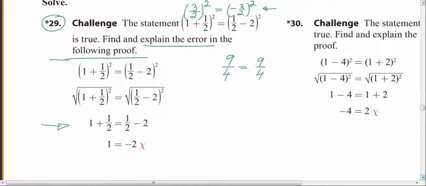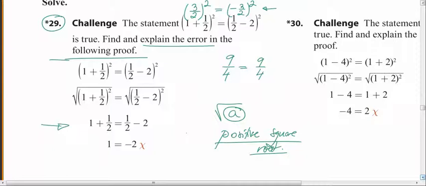But remember, the definition of the square root of a number a is telling you to find the positive square root, right?